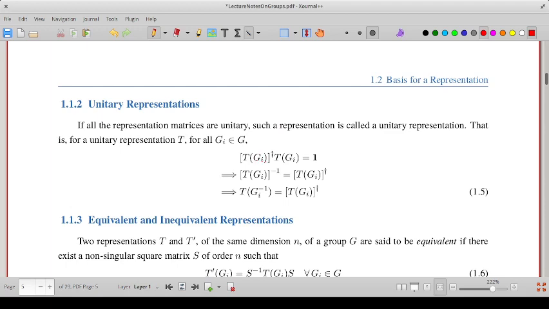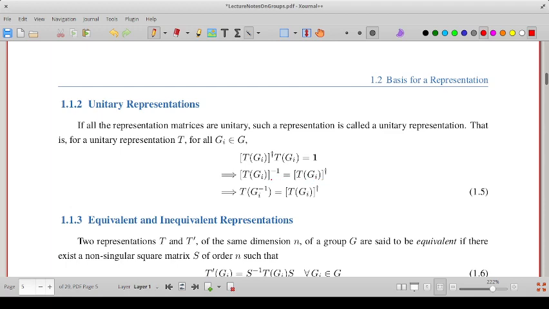So that means T(Gi) dagger, that is the adjoint of the matrix T(Gi), times T(Gi) should be equal to the identity matrix. But this can be true only if T(Gi) dagger is the inverse of the matrix T(Gi). Or in other words, T(Gi) inverse is equal to T(Gi) dagger.